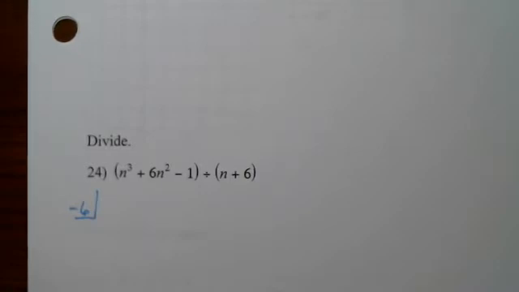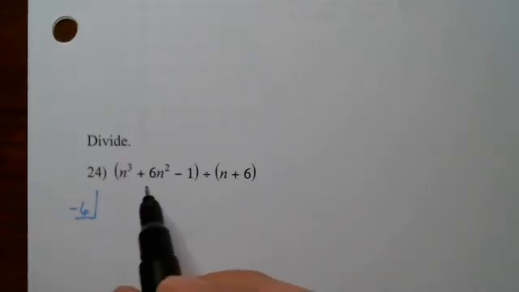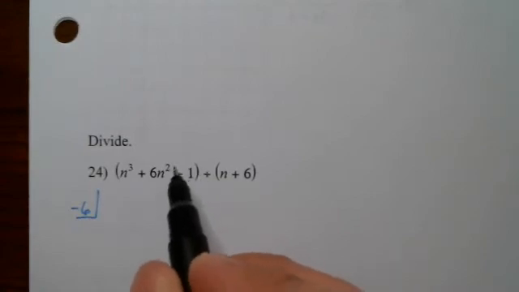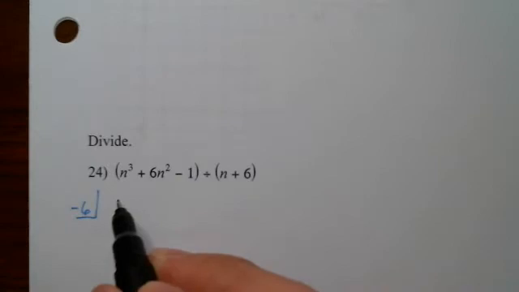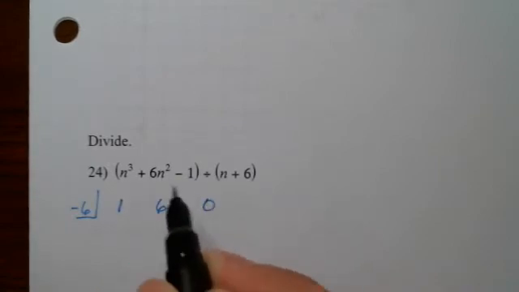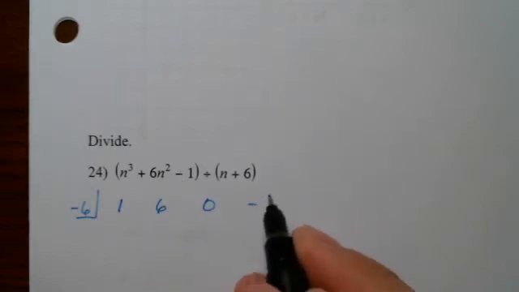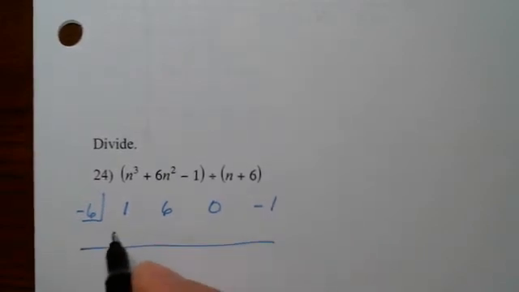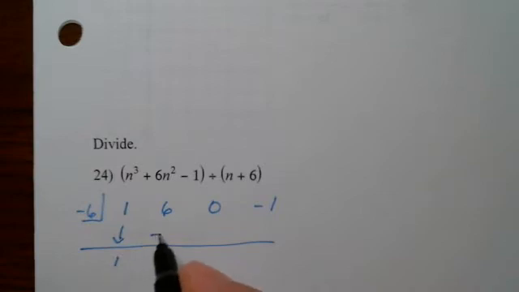Add 0n. Anytime you have a missing power, like here we don't have an n, our coefficients would be 1, 6, but we wouldn't go -1. We'd have to say 0 because there's not an n, and then -1. And then do your synthetic division. Okay?